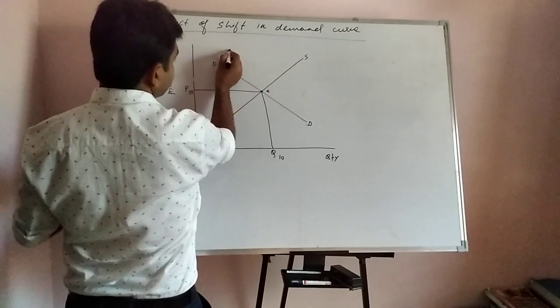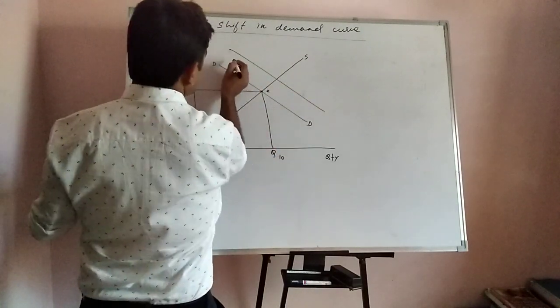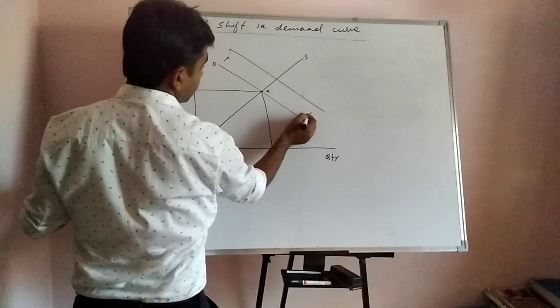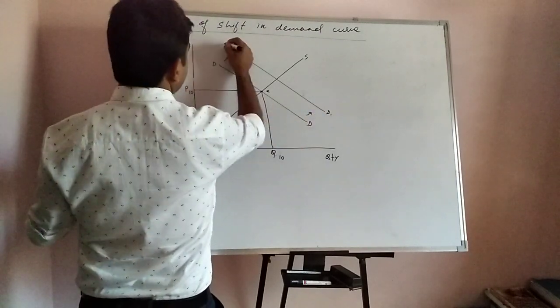Now when the demand curve shifts to the right, we'll have D and D1.